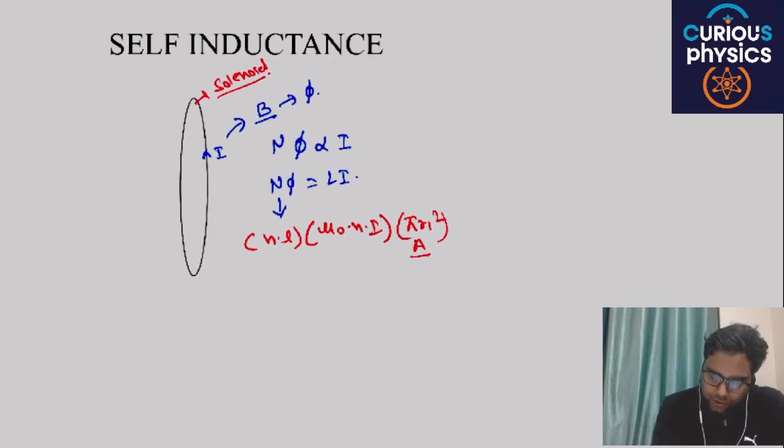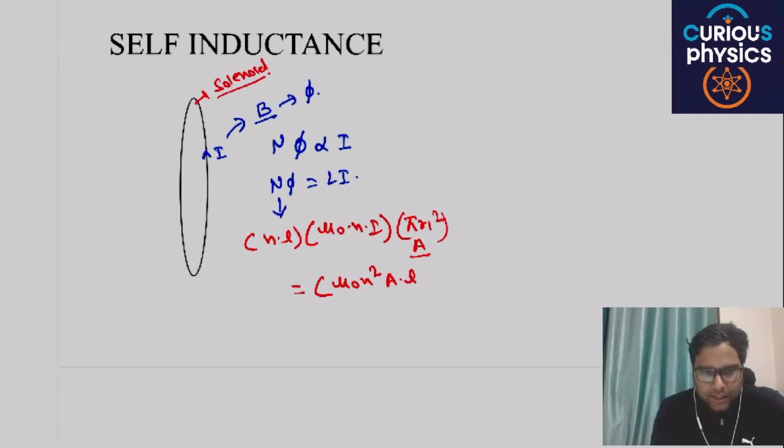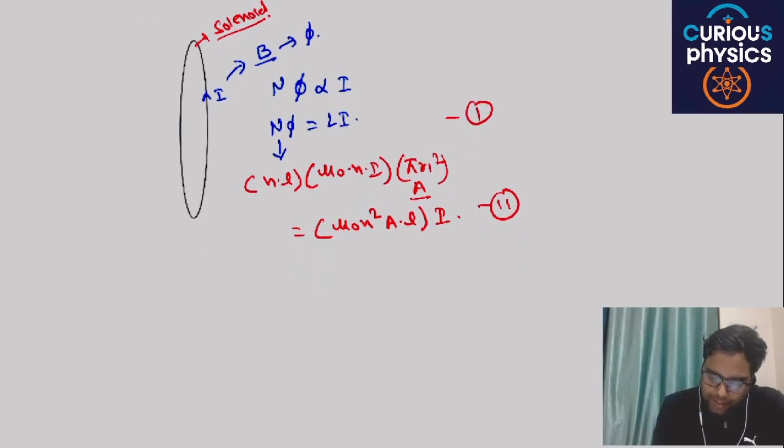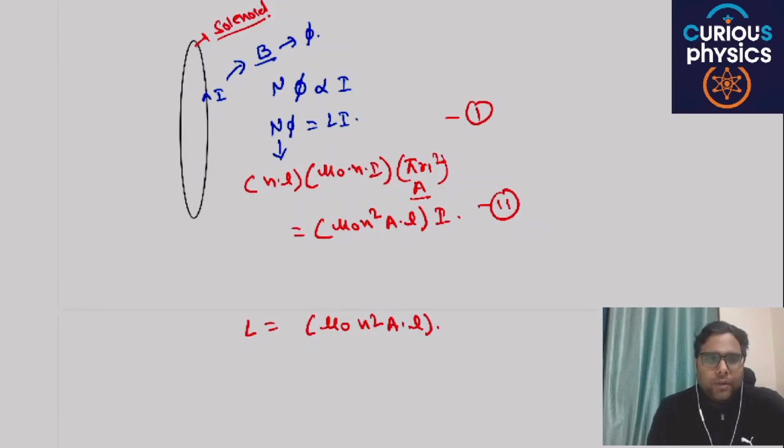So you can say that N phi is equal to mu naught n square A l into I. If you compare equation 1 with equation 2, then the value of self inductance, denoted by L, is n square A into l. Are you able to understand my point or not?